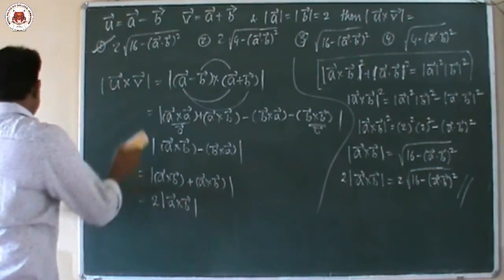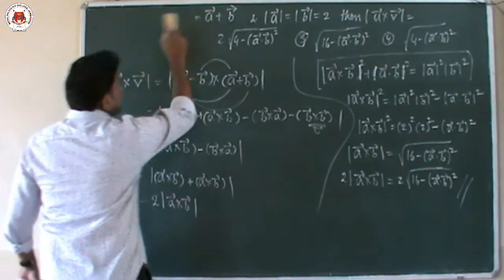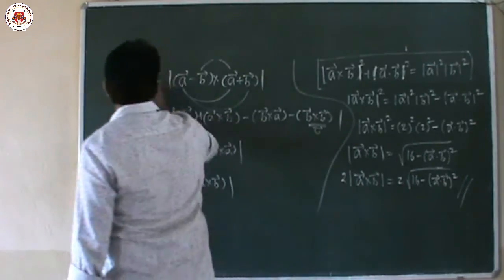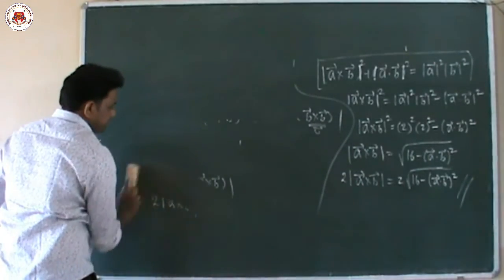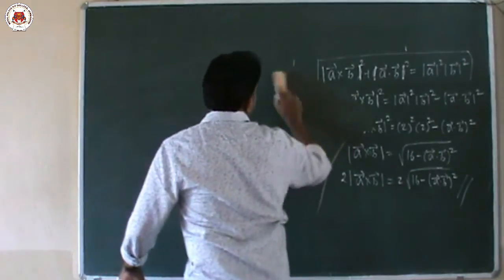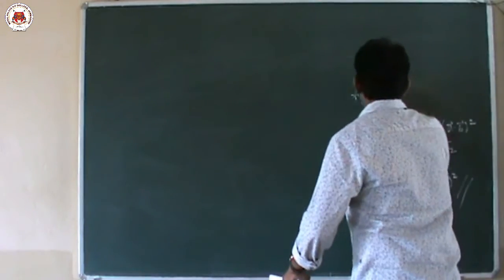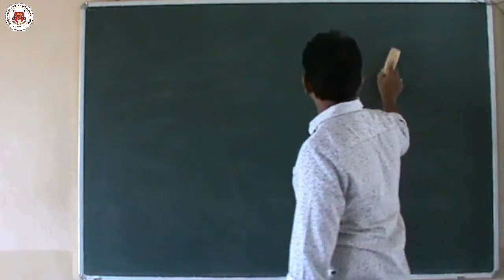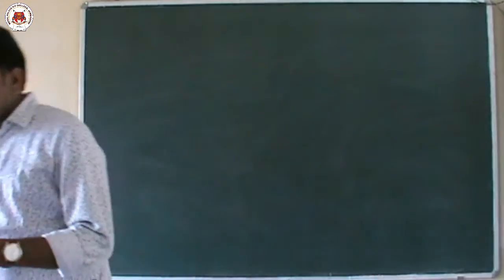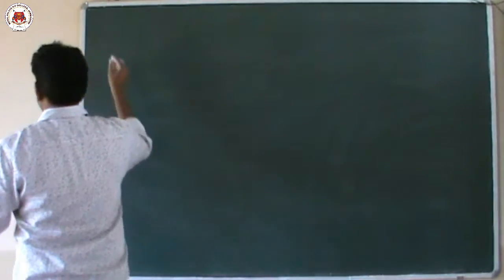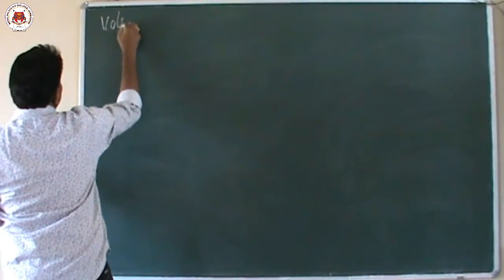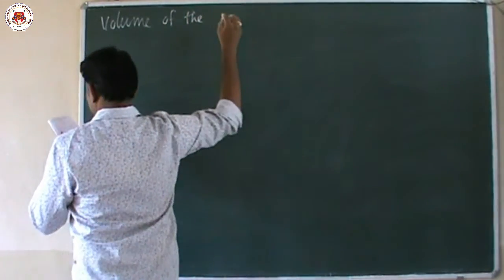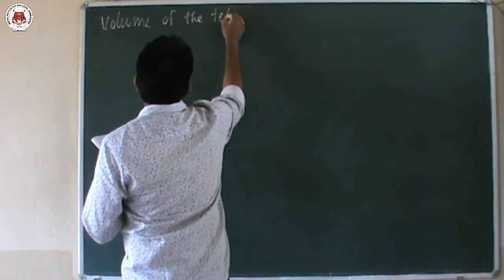Now we will go to the next step. We will discuss the next problem. Students, if you have any doubt, you can ask me. So the next one is the volume of the tetrahedron.